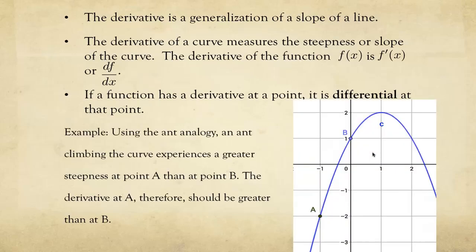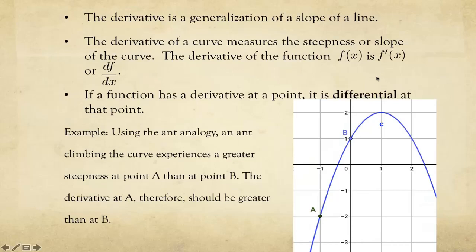Okay, so here's the ant analogy again. Suppose you have an ant that is trying to climb up this curve. And of course, because this is a curve, it's easy to see that the ant's experience in climbing up this curve is different at every point on the curve.